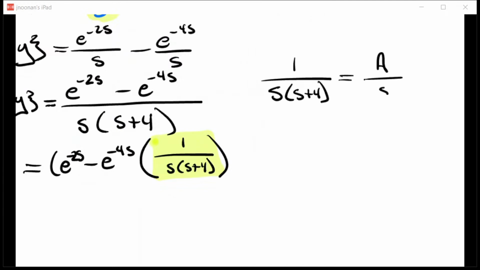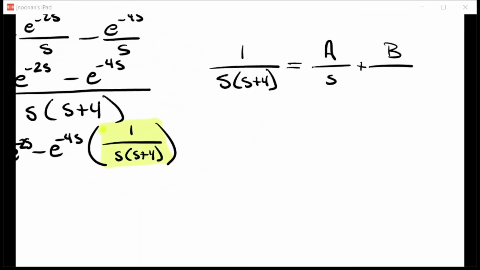Some of you could probably work this one out in your heads. Here's the partial fractions. See if you can do this yourselves, either by eyeballing it or by actually doing the work. I'll do the work in just a minute.